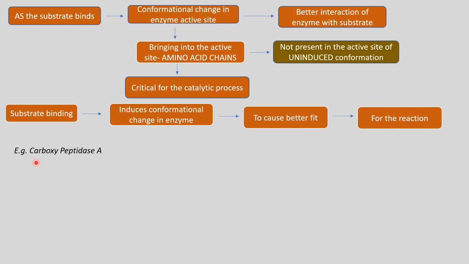So let us understand this with an example of an enzyme, carboxypeptidase A, right? First of all, we should know what this enzyme is. This is an enzyme that breaks down polypeptide by removing one amino acid at a time. What is a polypeptide chain? When many peptides are joined together, it is called a polypeptide.